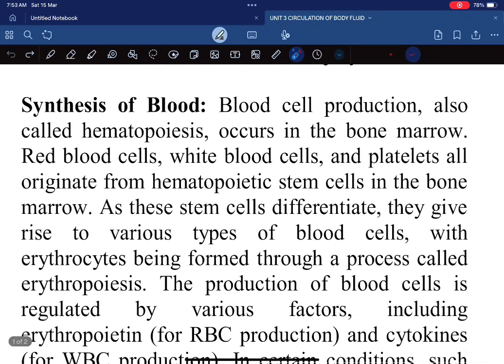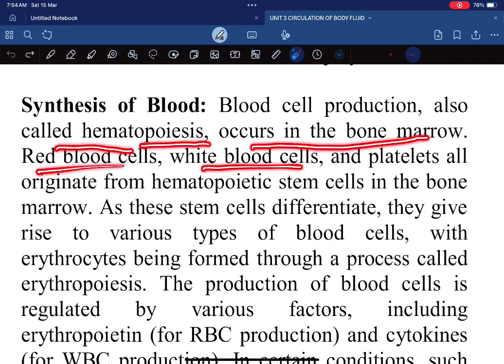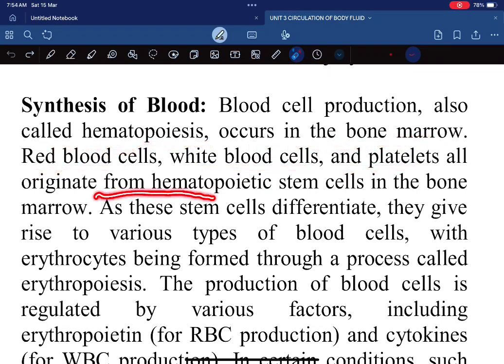Synthesis of blood. Blood cell production, also called hematopoiesis, occurs in the bone marrow. Red blood cells, white blood cells, and platelets all originate from hematopoietic stem cells in the bone marrow. As these stem cells differentiate, they give rise to various types of blood cells, with erythrocytes being formed through a process called erythropoiesis.